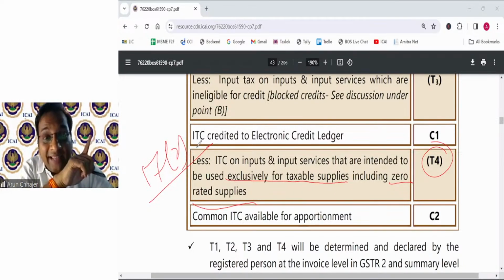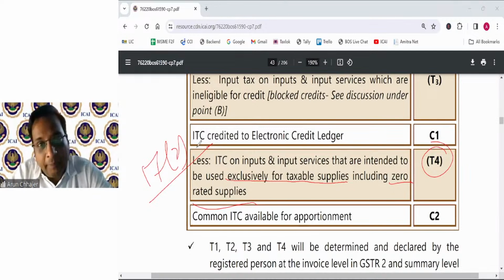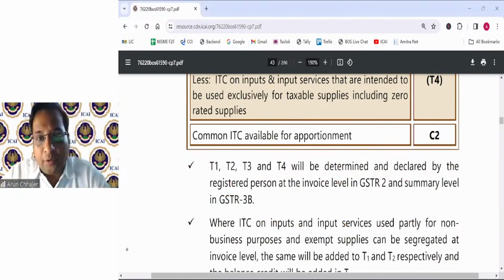It says that taxable supplies including zero rated and exempted supply. For the purpose of 17.2, the zero rated supply is considered as taxable supplies only. The result is common ITC available for apportionment.